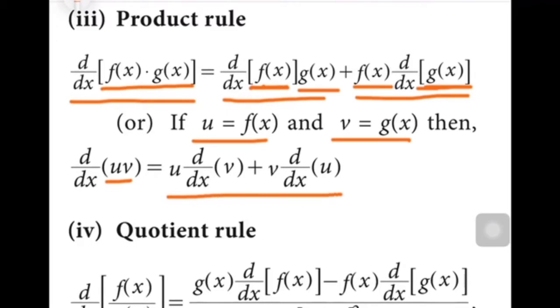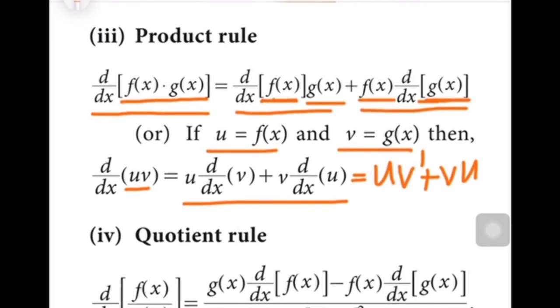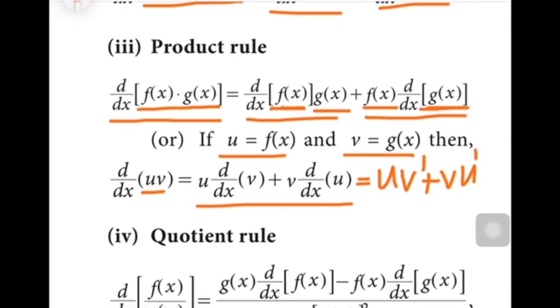One time we will differentiate v and another time we will differentiate u, and simply we can write it as u v dash plus v u dash. This will be easy for you to remember. Okay. So, u into v dash means we are differentiating v, u dash means we are differentiating u. So, d by dx of uv is equal to u v dash plus v u dash.